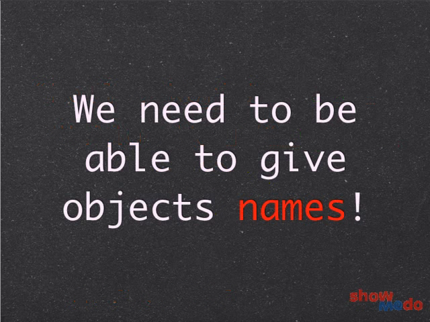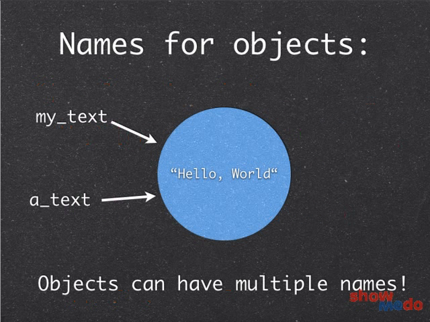So what we need to be able to do is give objects names so we can refer to them in our program, and you can actually do that. As you can see here, we've got a hello world string object, and we've given it two names, myText and aText, and objects can thus have multiple names.